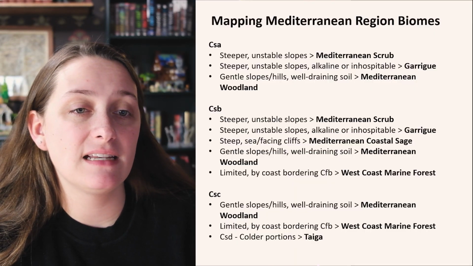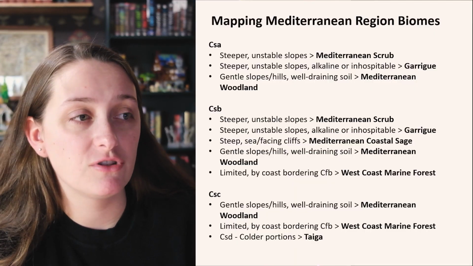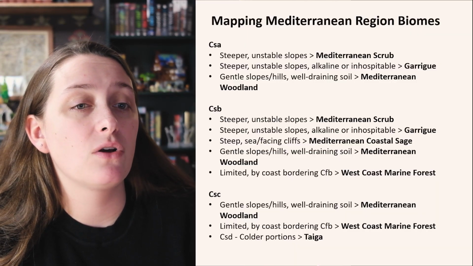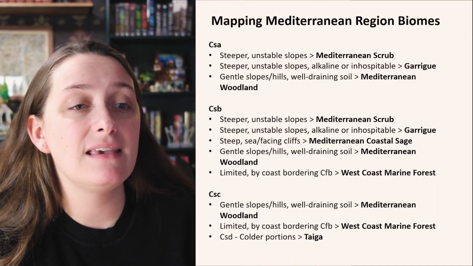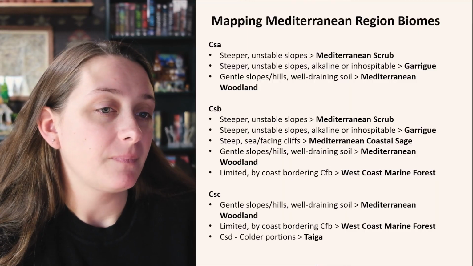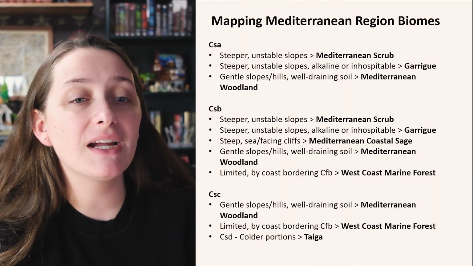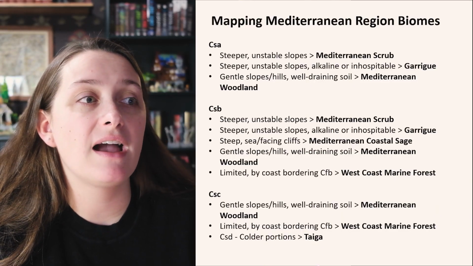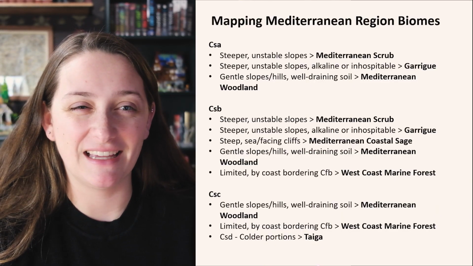And the next easiest thing to find will be the Mediterranean scrub, which is mainly going to be in CSA or CSB, or Mediterranean coastal stage if it's a sea-facing coastal cliff. Where those can't grow, very inhospitable areas, very alkaline soil, you will find garrigue.